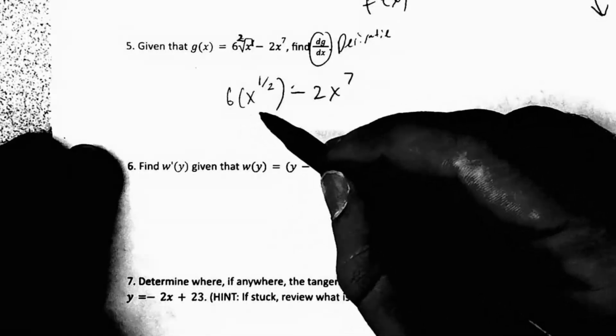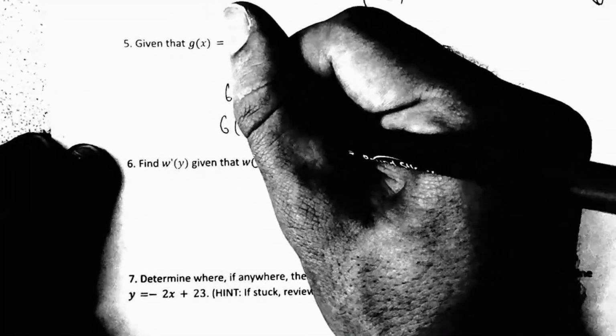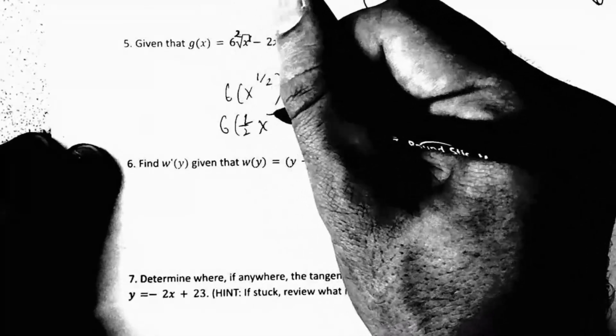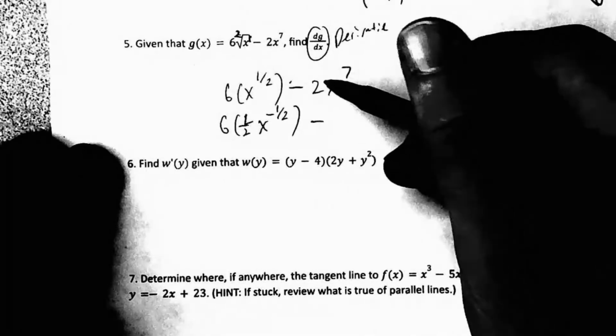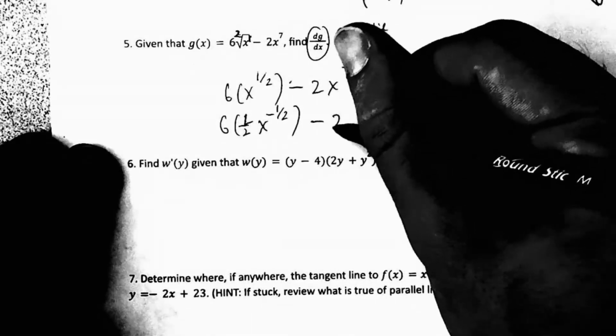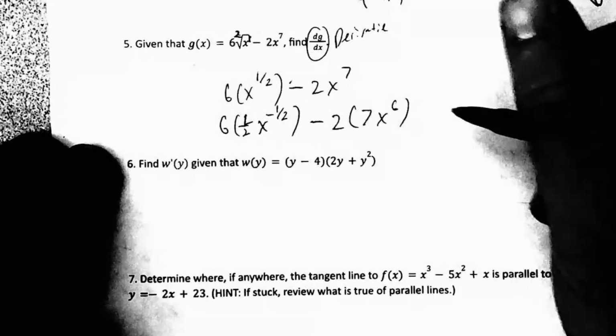For 6x to the 1/2, we're going to take down that 1/2. So we're going to have 6 times 1/2 x to the negative 1/2, minus, bring down the 7. So we're going to have 2 times 7x to the 6th.